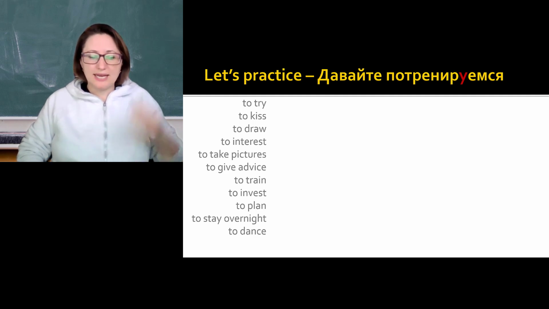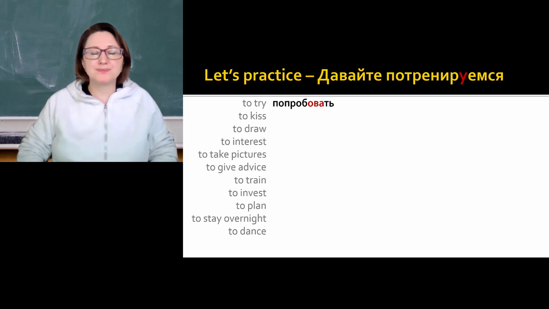To try, as to make a complete attempt, would be попробовать, or to taste something. To kiss, again, as a completed action, would be поцеловать. To draw as a completed action will be нарисовать.